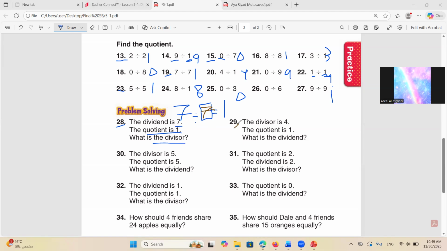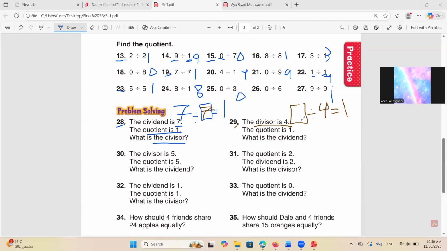Cool. Take this. The divisor is 4, which means the number on the right side of the division sign. There is no mention of the dividend. And the quotient is 1, which is the answer. What is the dividend? Here, we don't know the dividend.